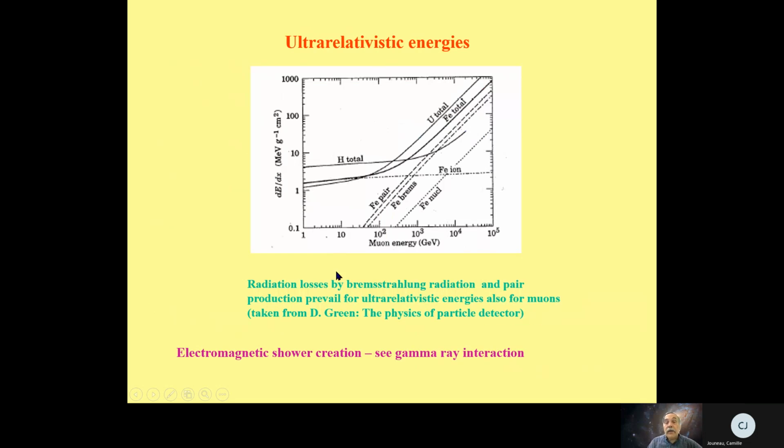Here I showed that for example for muon we obtain these radiation losses, and here are the energy losses for different particles. This is ionization losses, this is radiation losses, and this is total.